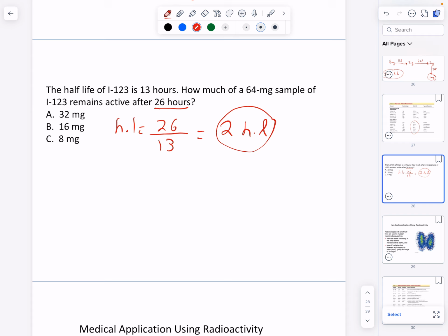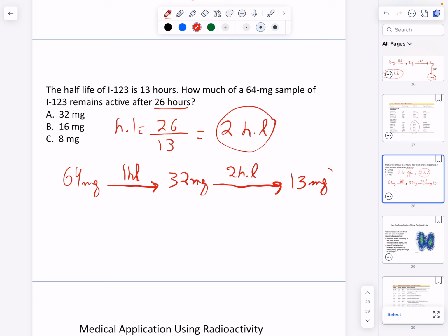So that means if you start from 64 milligrams and it undergoes 1 half-life, this is going to become 32 milligrams, but you don't want 1, you want 2. And the second half-life is going to be 16 milligrams, and your answer is B.